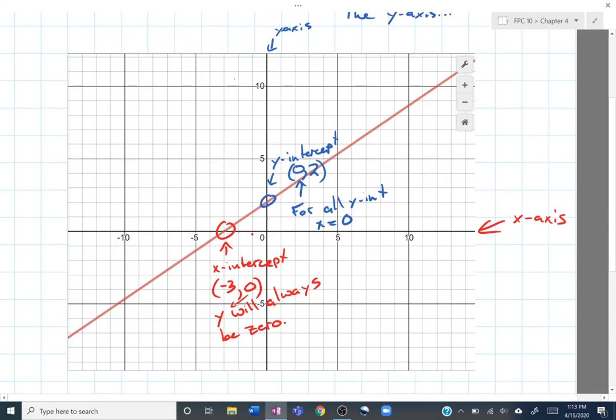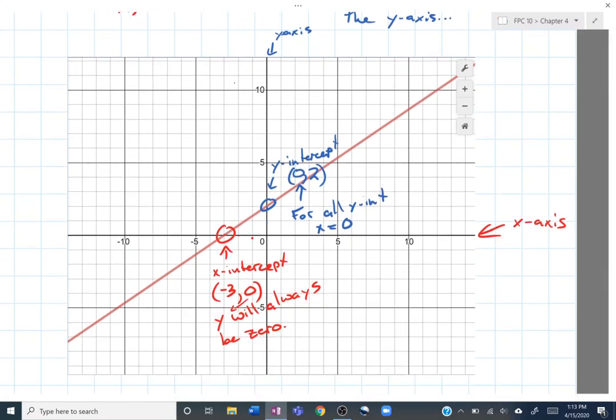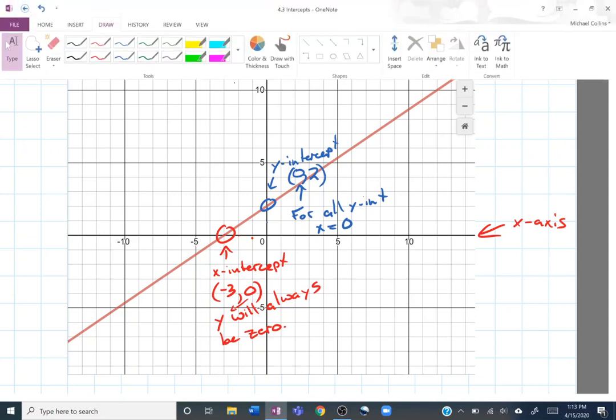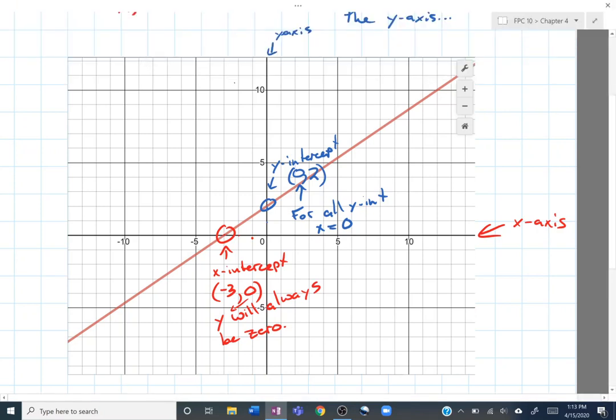Okay, so that's a pretty general line. It crosses both axes. And there's actually two special types of lines that only cross an axis once. So take a second, see if you can think of what types of lines would only cross the axis once.